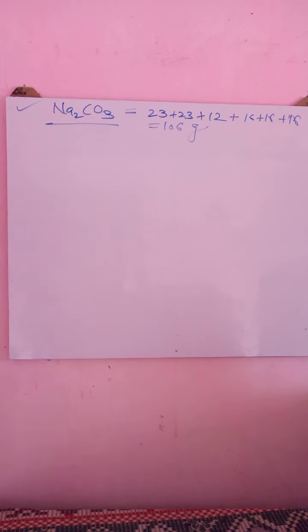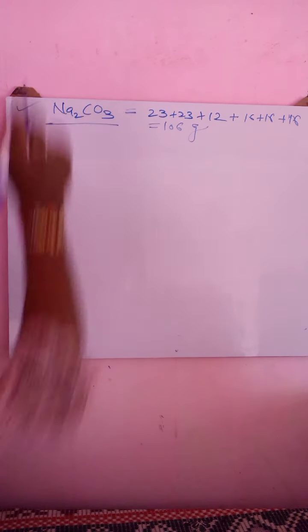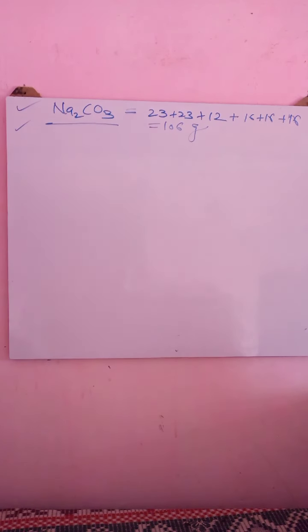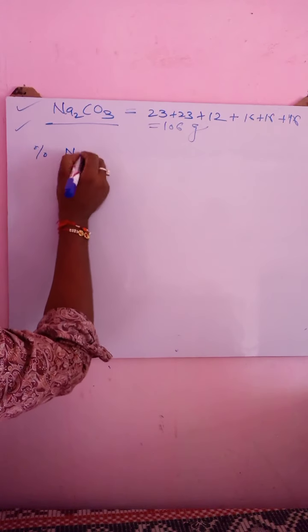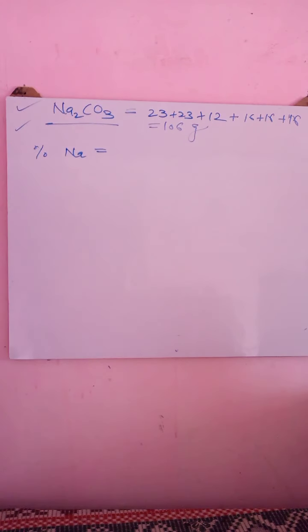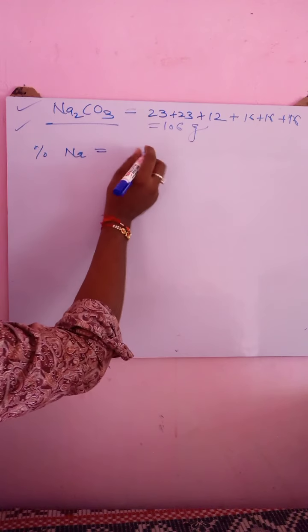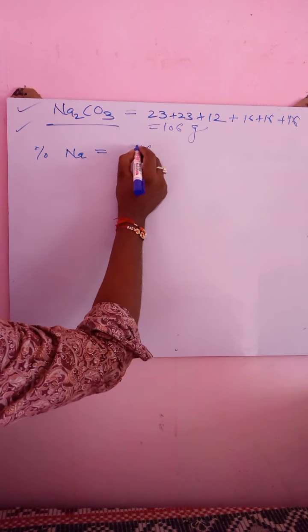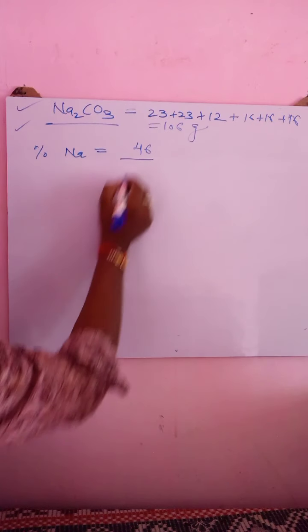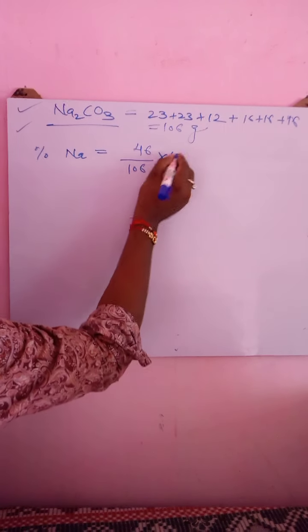Now we have to find the percentage of each element in this particular compound. The percentage of sodium in sodium carbonate will be equal to 23 plus 23 is 46, divided by 106, multiplied by 100.